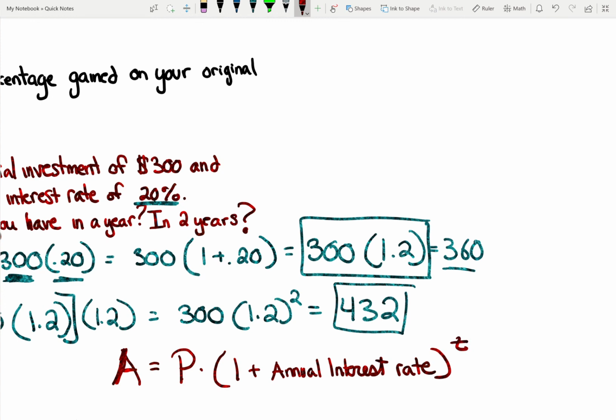See how for this one there's an invisible 1 here because I held it in the bank for 1 year. For this one there's a 2 because I held it in for 2 years.